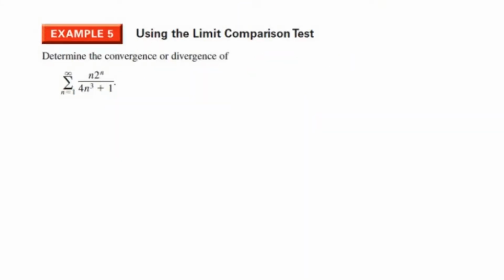Determine the convergence or divergence of the series n times 2 to the nth power over 4n cubed plus 1. Okay, so we need to take Bn. And again, there can be many different ways to solve this problem, but we are going to use the limit comparison test. So how about I take Bn as 2 to the nth power on the top so that I can cancel out 2 to the nth power, and I have n and n cubed.